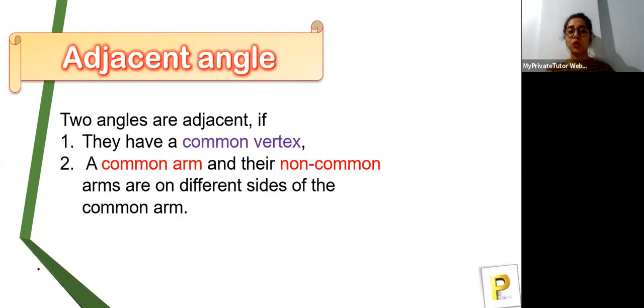Two angles are adjacent if we have a condition for this. So how will you identify that a given angle is an adjacent angle? Condition means that when these conditions are satisfied, those angles are called adjacent angles. So two angles are adjacent if, let's make the angle first.